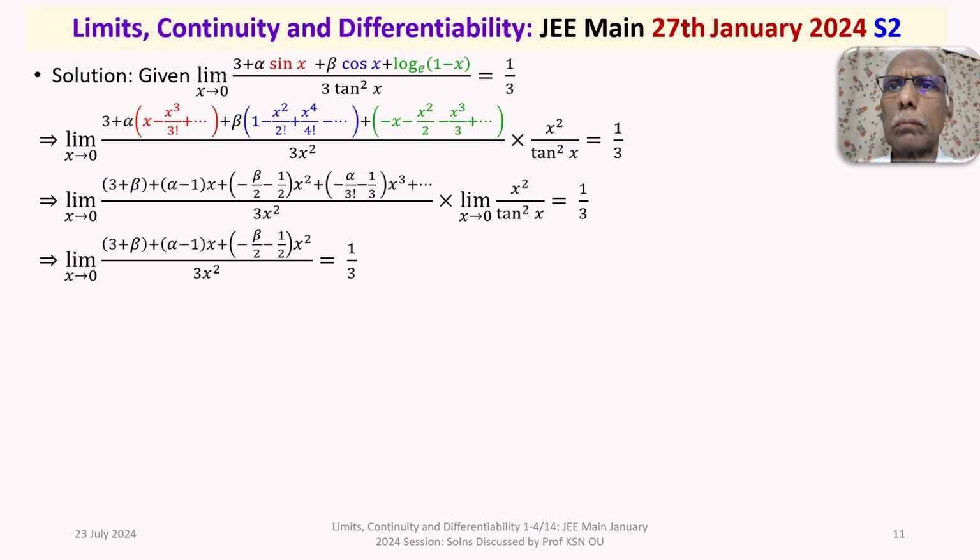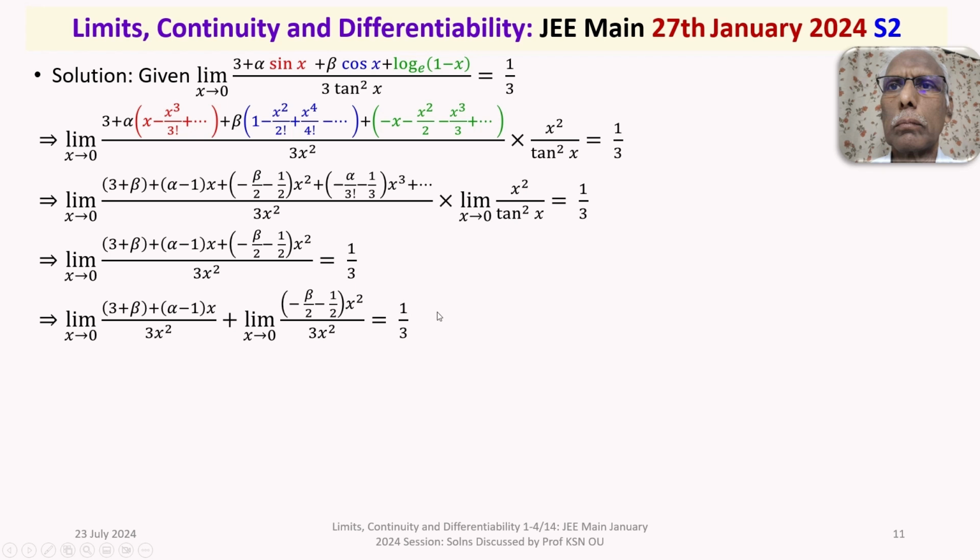Now separate. Now limit x tends to 0, 3 plus beta plus alpha minus 1 into x by 3x square, plus limit x tends to 0 of minus beta by 2 minus 1 by 2 x square by 3x square, is equal to 1 by 3. And the limit exists. That's what it says. And that is equal to 1 by 3, which is finite.